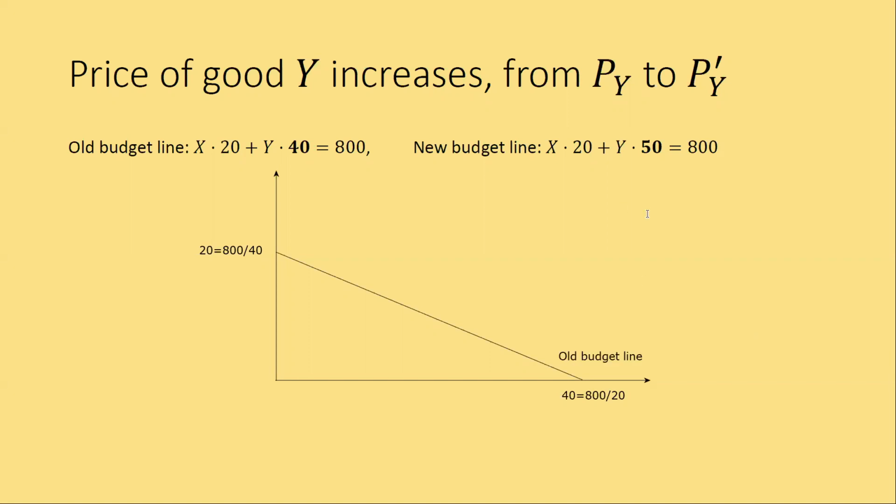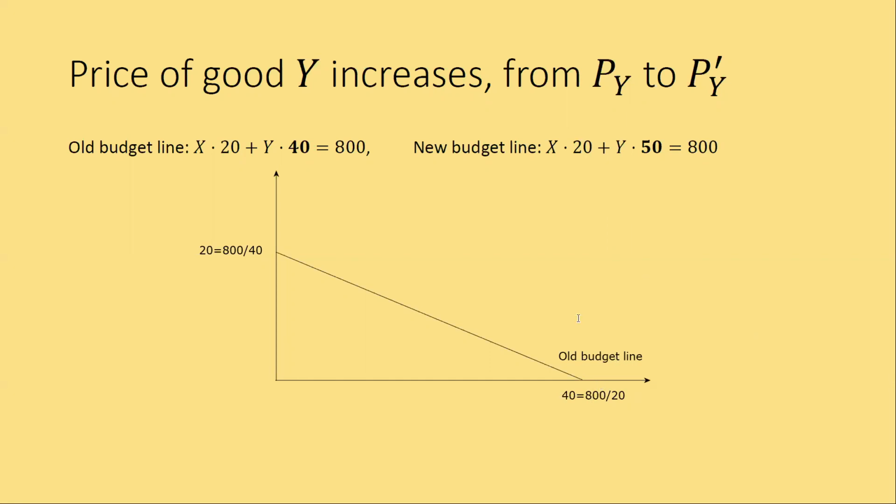Now, following a very similar argument, as your income did not change and the price of good X did not change, your X-intercept will remain at 40, because it is found by dividing your income by the price of good X, and neither of those two change.